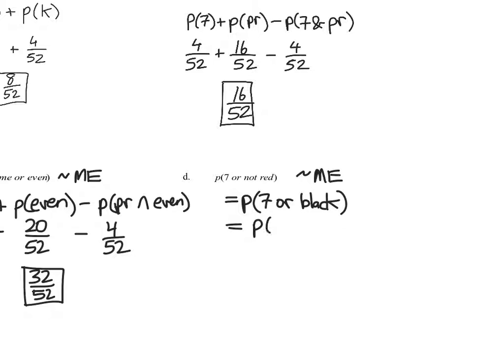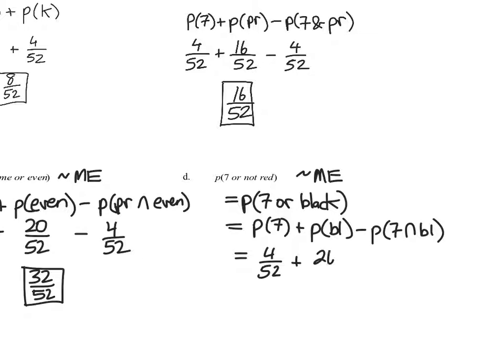All right, so probability of 7 plus probability of black minus the probability of the intersection between 7 and black. So 4 out of 52. How many blacks in the deck? 26, half the deck. How many are 7 and black at the same time? 2.